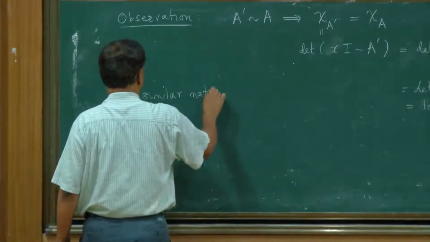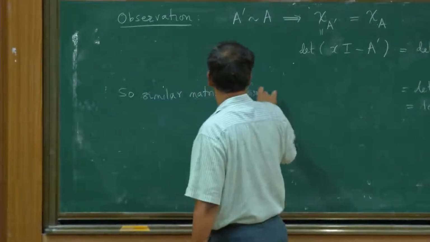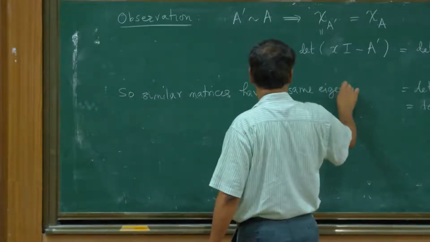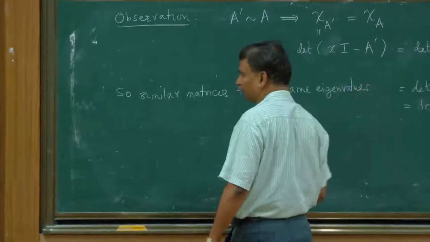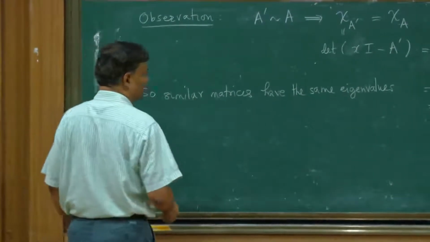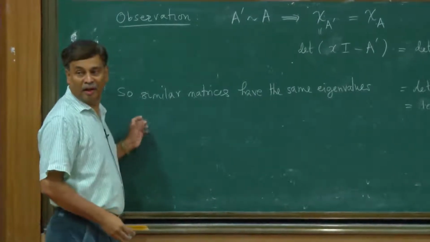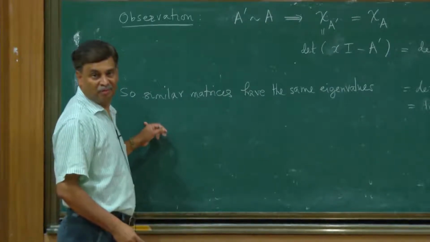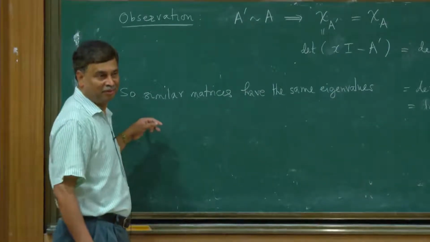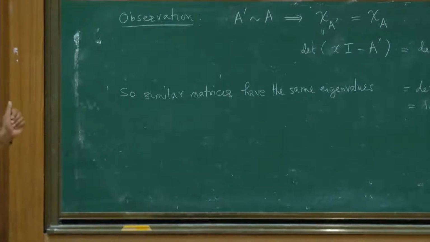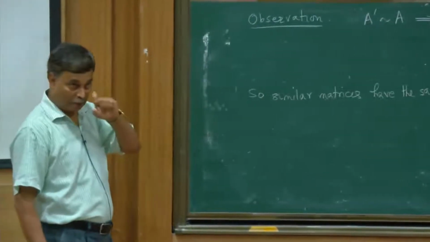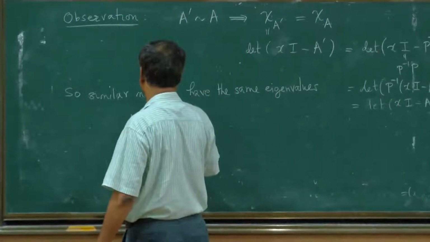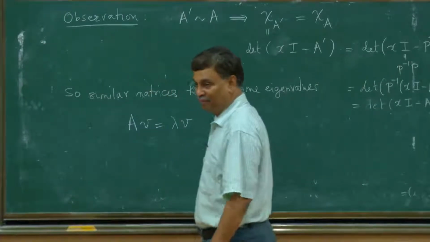Similar matrices have the same eigenvalues. So this is one important reason why eigenvalues are there. Eigenvectors are the same? Then why did you say geometric multiplicity is the same? So we can just check, right? Suppose v is an eigenvector, that means Av is lambda v.